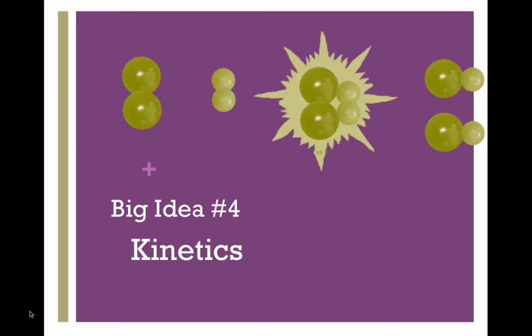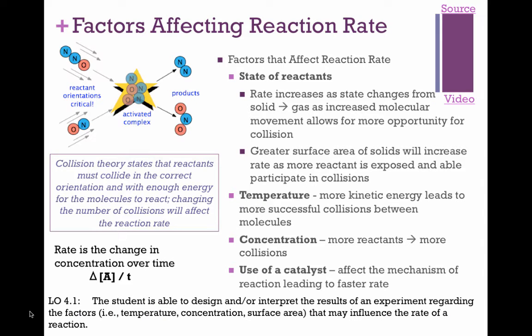So what we're going to do now is go through some kinetics. We talked about factors that affect reaction rate today in class. Some classes we got more into detail than others because of the schedule this morning. Some factors that affect reaction rate: the state of the reactants, whether you have solid, liquid, or gas, or whether you have more exposure.